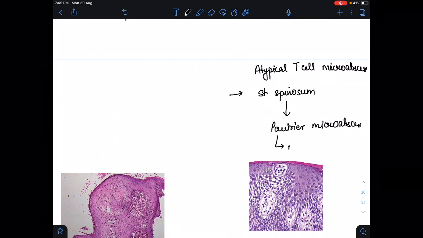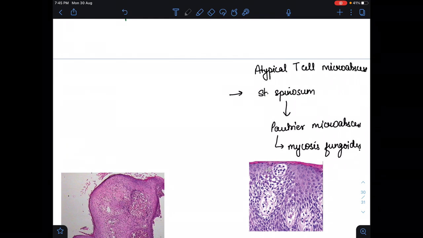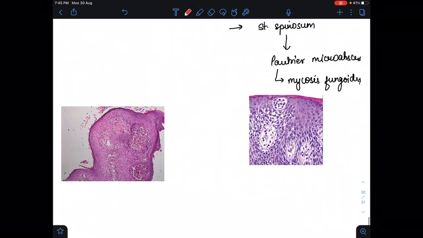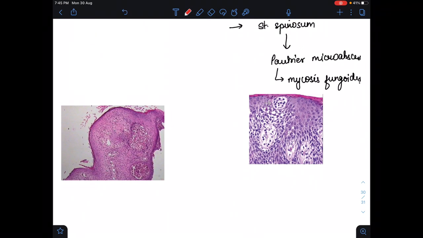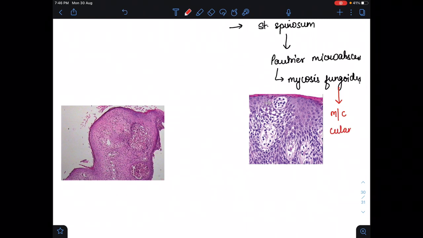The Pautrier microabscess is seen in mycosis fungoides. And one more important point is that mycosis fungoides is the most common cutaneous T cell lymphoma.